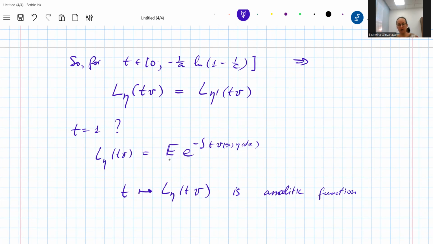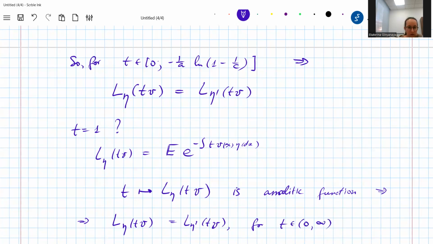So if we have equality on some interval for an analytic function, this gives us equality of these functions for every t from 0 to infinity.